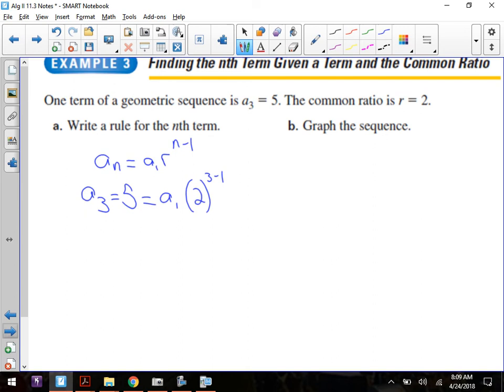All right, 2 squared, 4. Okay, so now we have this really difficult equation of 5 equals 4 a sub 1. 5/4 is your first term, very good. So you get your nth rule, 5/4 times 2 to the n minus 1. Yes, ma'am.